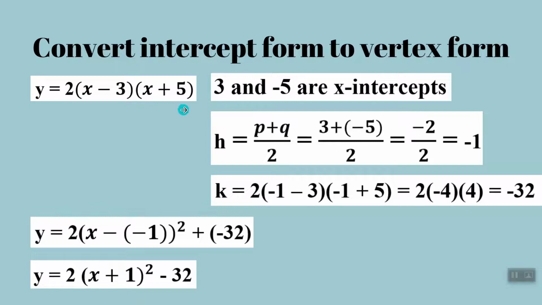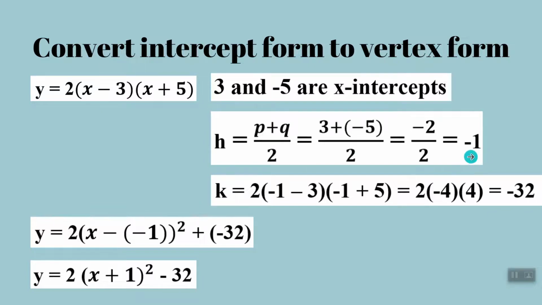P and q represent our intercepts, which means 3 and minus 5 according to this one will represent our x-intercepts. In a quadratic function, the middle point of the intercepts will be equal to our vertex. So, I'll add them, and in order to get their middle point, I'll divide by 2. When I add and divide by 2, we will get minus 1.